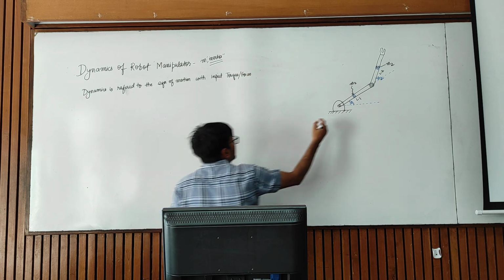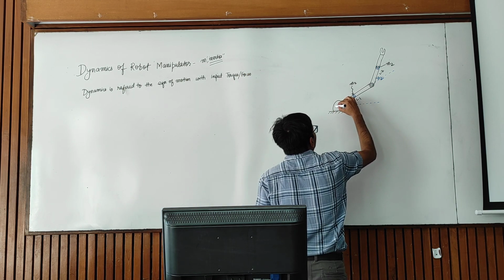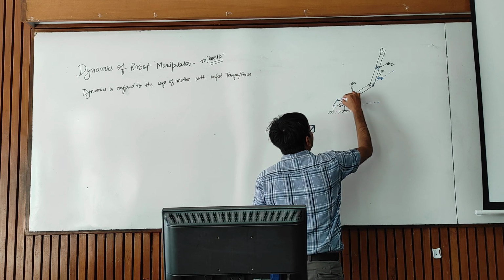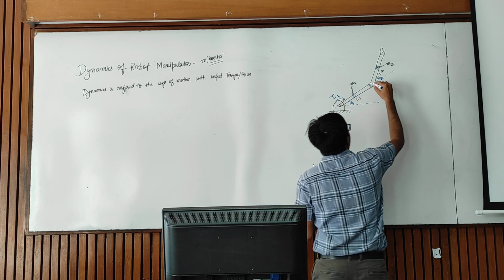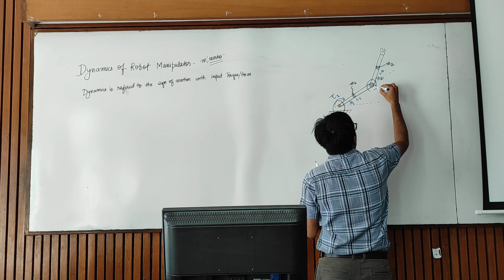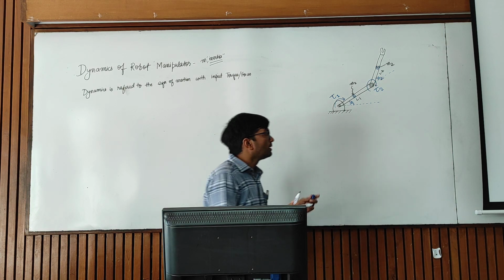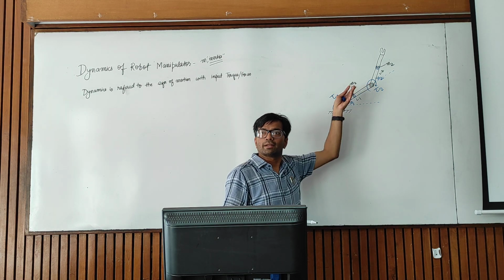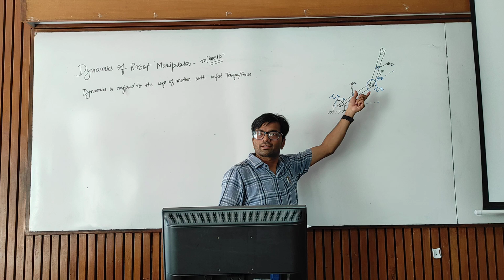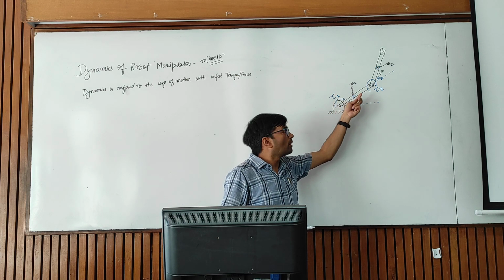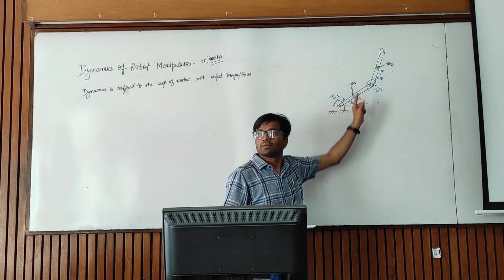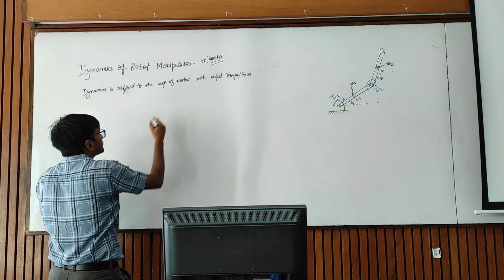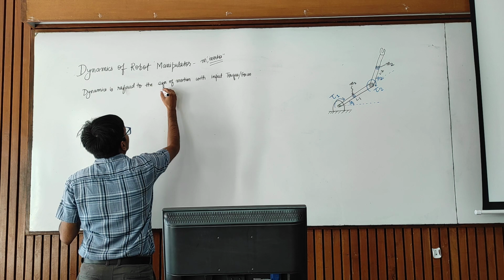If there are motors involved, whatever torque you have at these joints, I am applying torque 1 here and torque 2 here. With the input of these two torques, what dynamic behavior does it show, meaning what is the angular acceleration of this link and that link, all sorts of things. So dynamics is referred to the equation of motion.